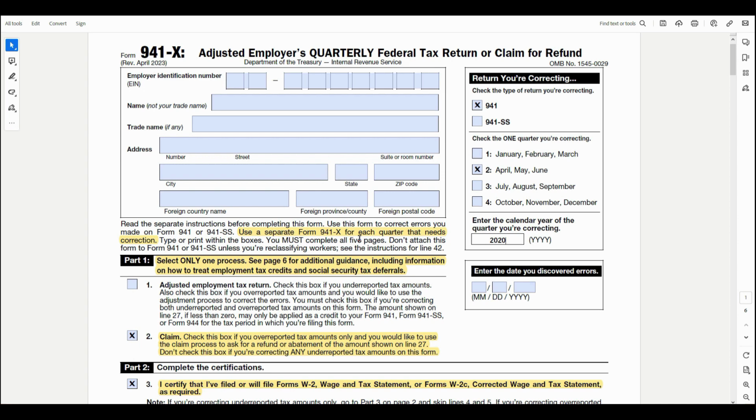Okay, and they could claim the ERC on there completely without having to adjust the second quarter and the third quarter as well. Okay, and that's for employers that had qualified wages that were spread out throughout all these quarters.